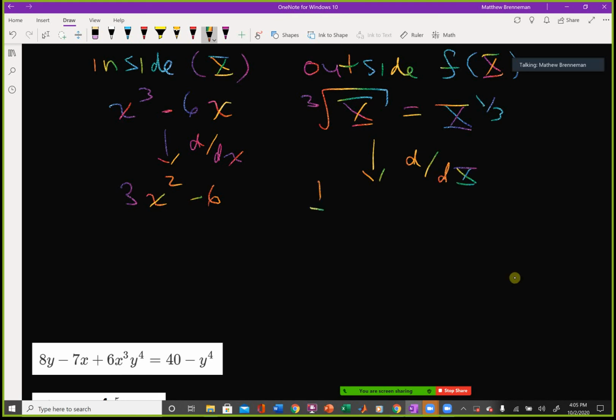And again, that'll be 1/3 capital X to the positive 2/3 power, right? Does that look okay? I made a mistake. It should be negative 2/3. Good, good. Checking you guys. I can't fool you at all.